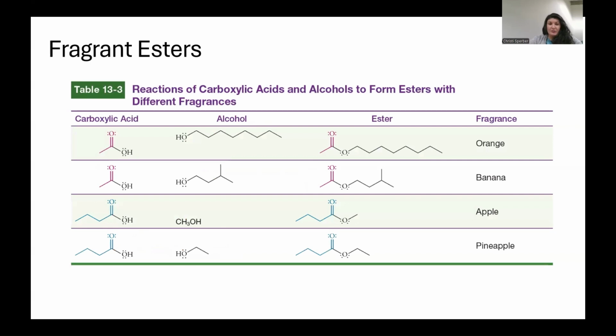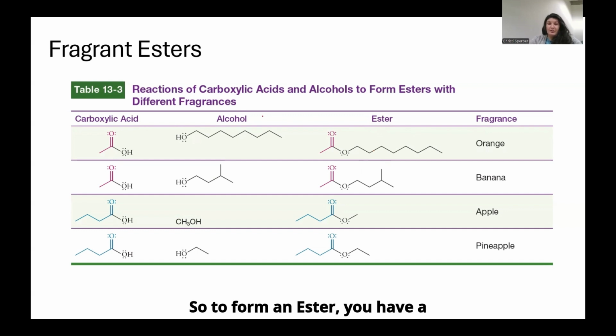Esters are very fragrant, and to create an ester, you react alcohols with carboxylic acids. You can see here that the fragrance of this particular ester is orange. And then we have banana, apple, pineapple, and so forth.